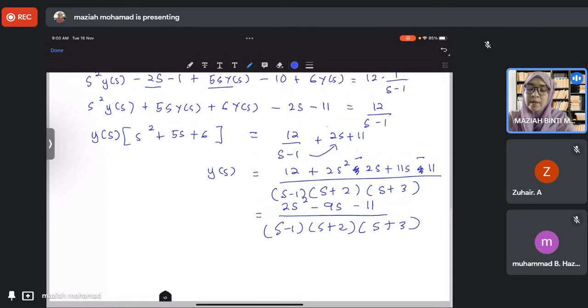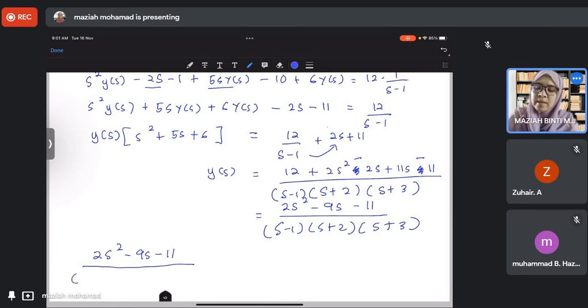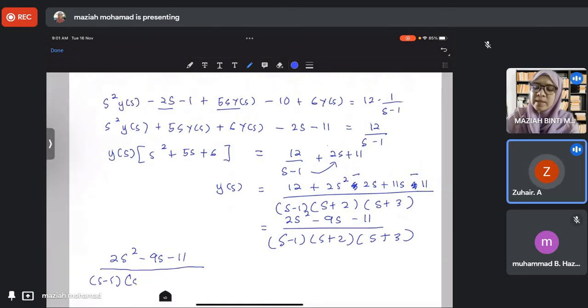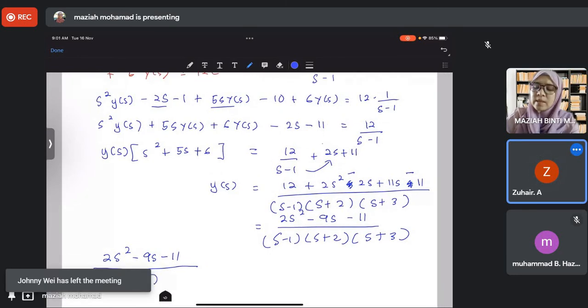So for the step partial fraction decomposition, 2s square minus 9s minus 11 divide by s minus 1, s plus 2, s plus 3. Doktor, plus, yes, dia bukan 12 minus 11 ke? Yang jadi 1. Yang atas tu.